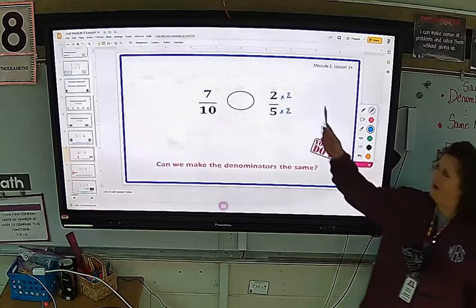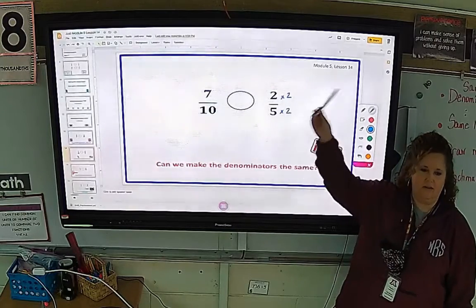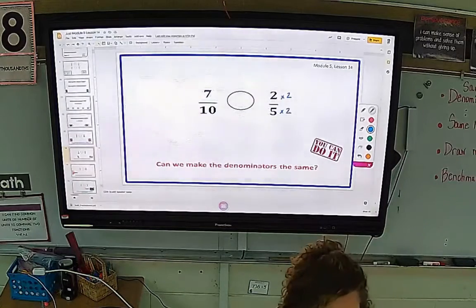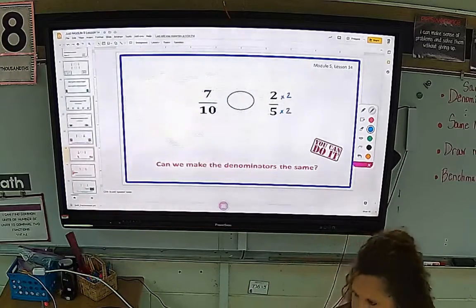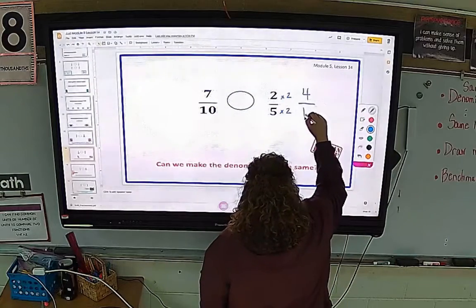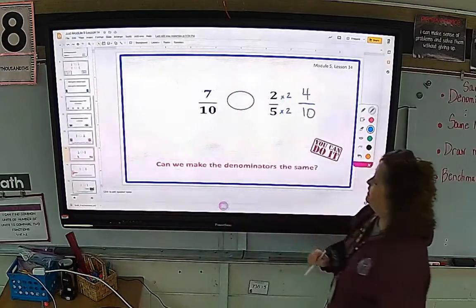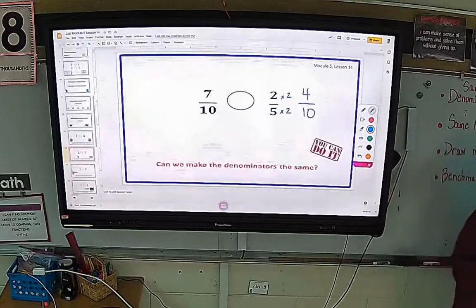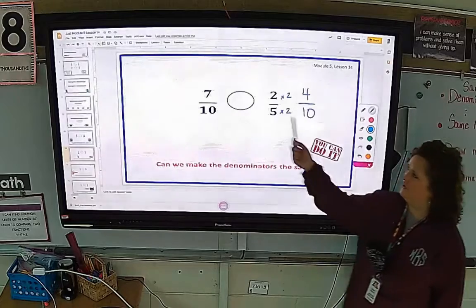All right. If I multiply the numerator and the denominator by the same number, do I get an equal fraction? Yes. So that would make the fraction 4/10. Do they both have the same denominator now? Yes. Has this just become easier to compare?